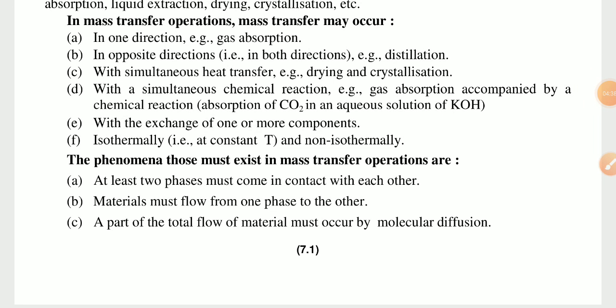Okay, note all the points and write them down in your notebook. Mass transfer may occur in one direction, for example gas absorption; in both directions, for example distillation; with simultaneous heat transfer, for example drying and crystallization; or with chemical reactions, for example gas absorption accompanied by a chemical reaction, such as absorption of CO2 in an aqueous solution of potassium hydroxide.